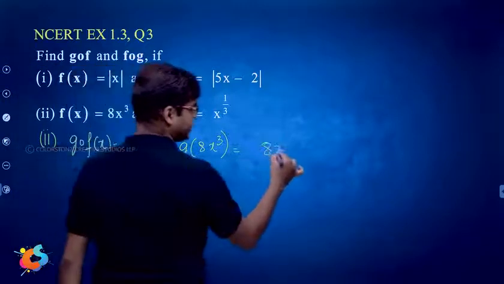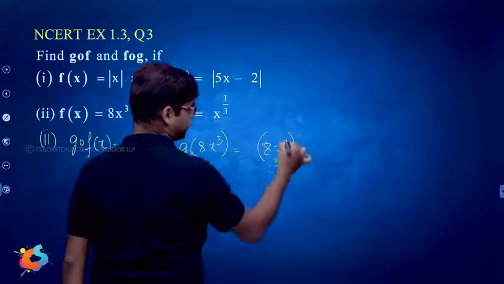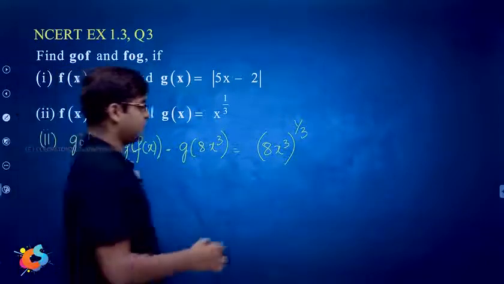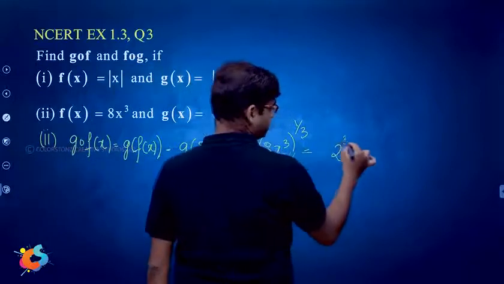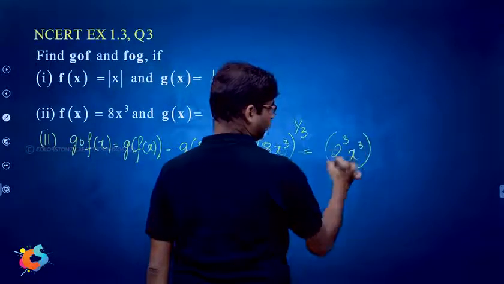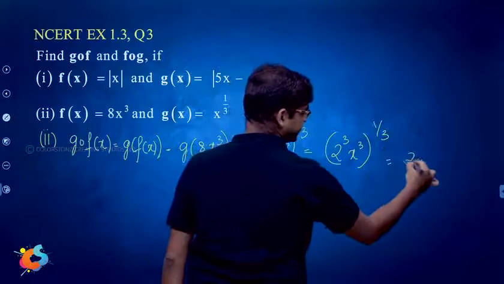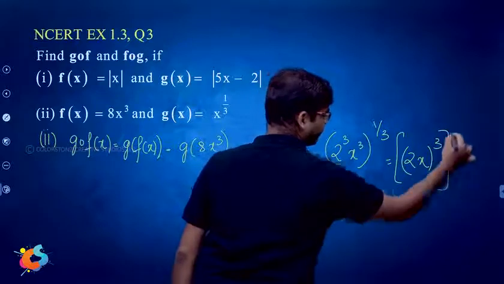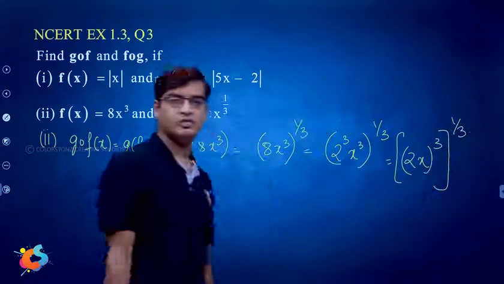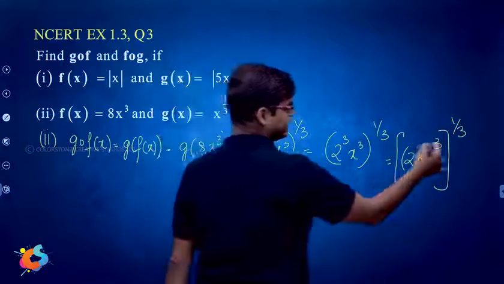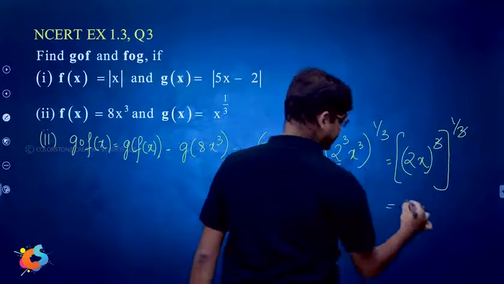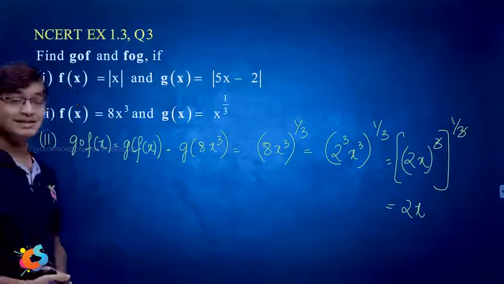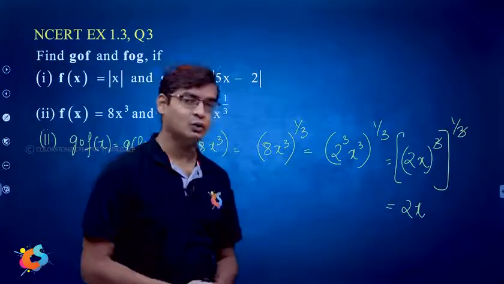So this can be written as 2 cube x cube whole power 1 by 3, and of course, this can be written as 2x whole cube whole power 1 by 3. So this 3 and this 3 get cancelled. We get 2x. So g circle f of x is equal to 2x.